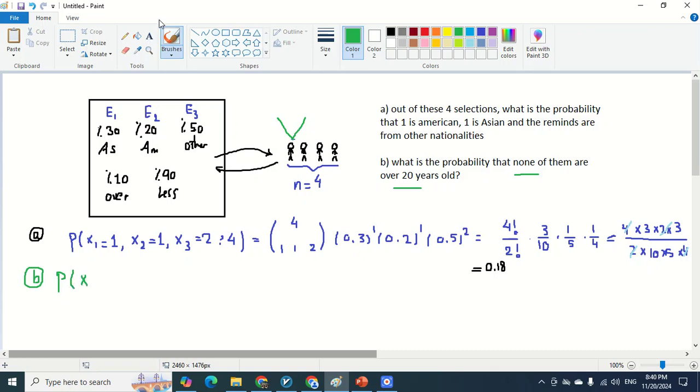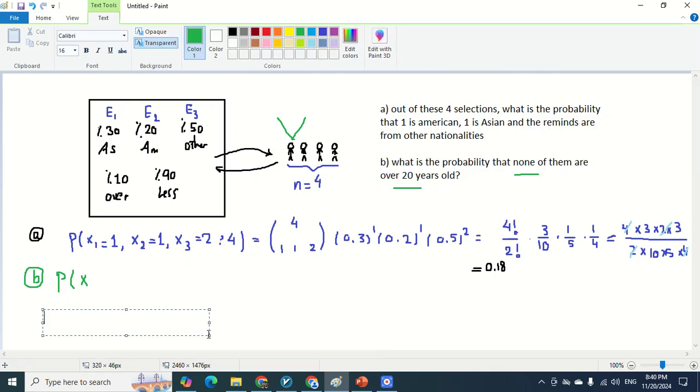We should actually define our random variable before that, so we want to rewrite it here. X denotes the number of students who have an age under 20 years.